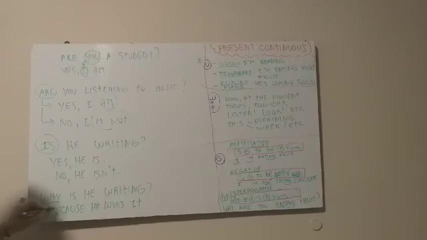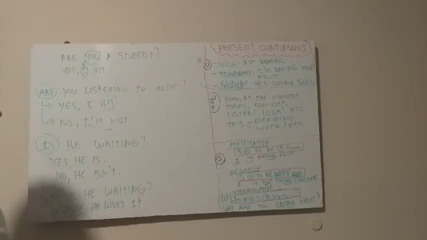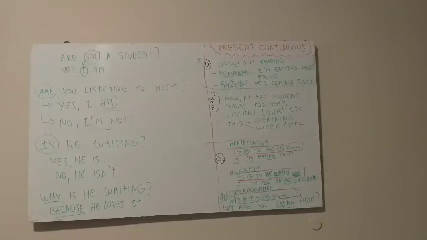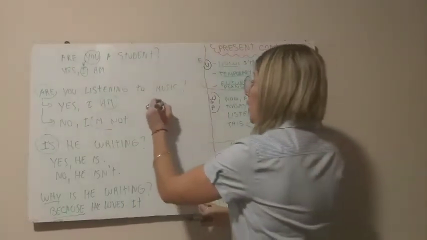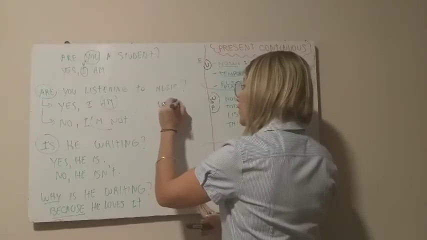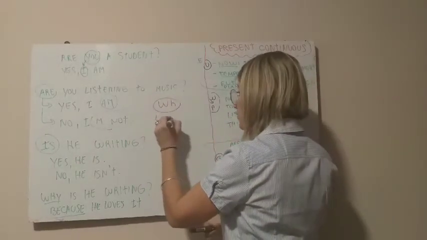Yes. Why? Because. When, on Monday. Where, at home. Yes. When you have a double-H question, it is because you need something else in the sentence. You need more information. When I say a double-H word, I mean, for example, what?